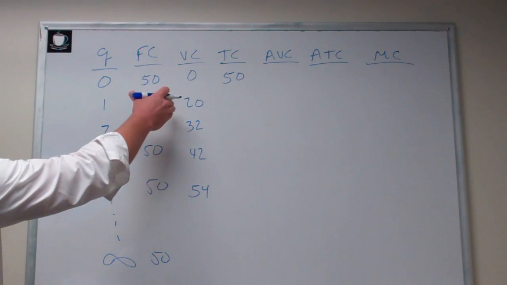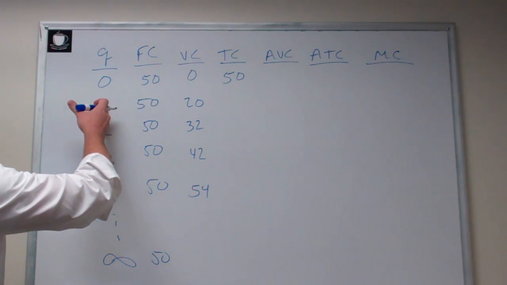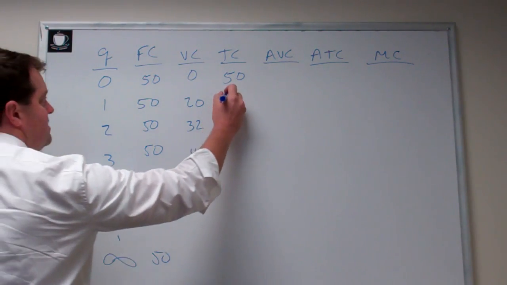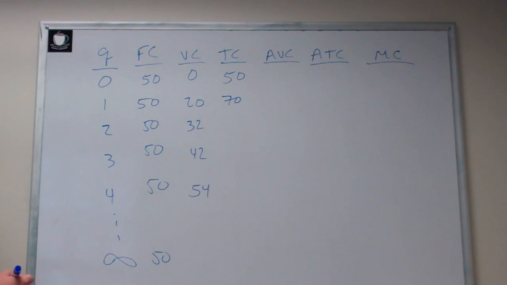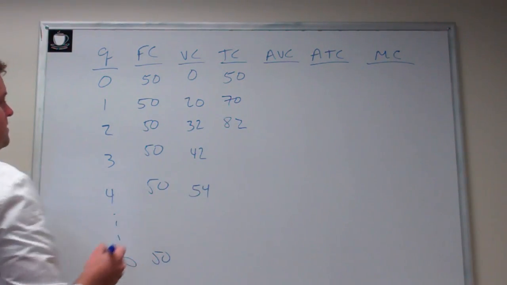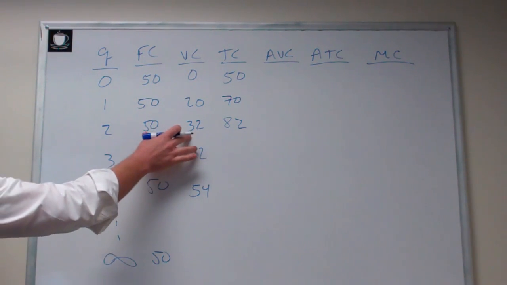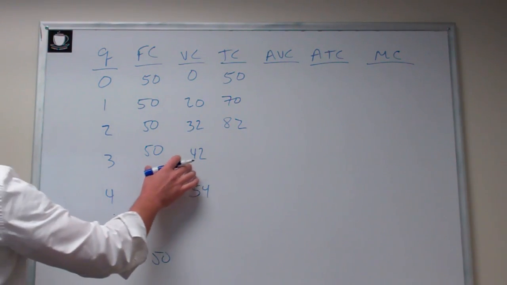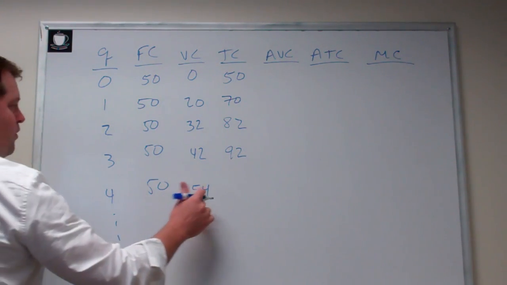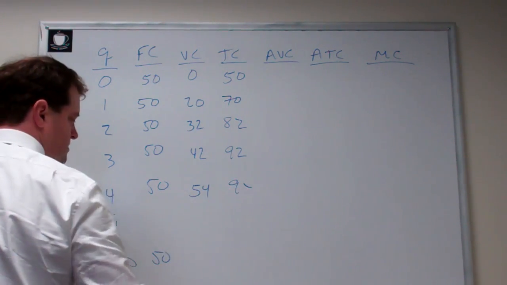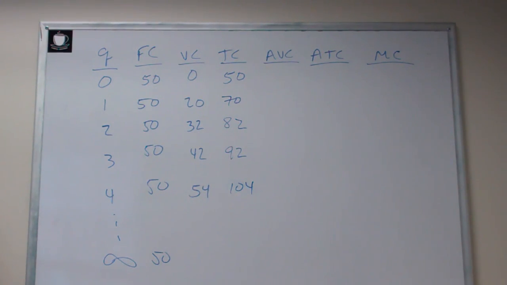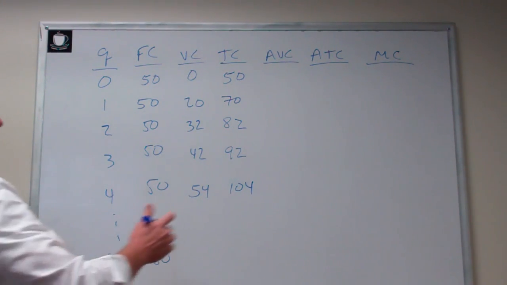So at output equal 1, the variable cost is 20, the fixed cost is 50, and so I can figure out what total cost is by just summing those two variables. Same thing here. Total cost is 82 because the sum of 50 and 32 is 82. When 3 units are produced, total cost is 92. When 4 units are produced, total cost is 104.